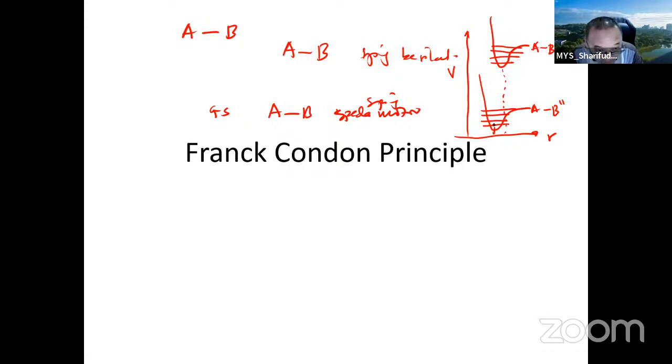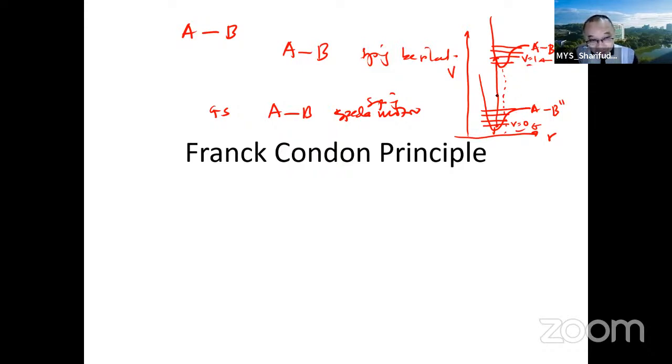If initially the molecule is at state V equals 0, it will vertically be excited to state V equals 1. So from V equals 0, suddenly it goes to V equals 1. Di kamar tidur, tiba-tiba di kuliah. Gitu. Jadi V equals 0 to V equals 1.